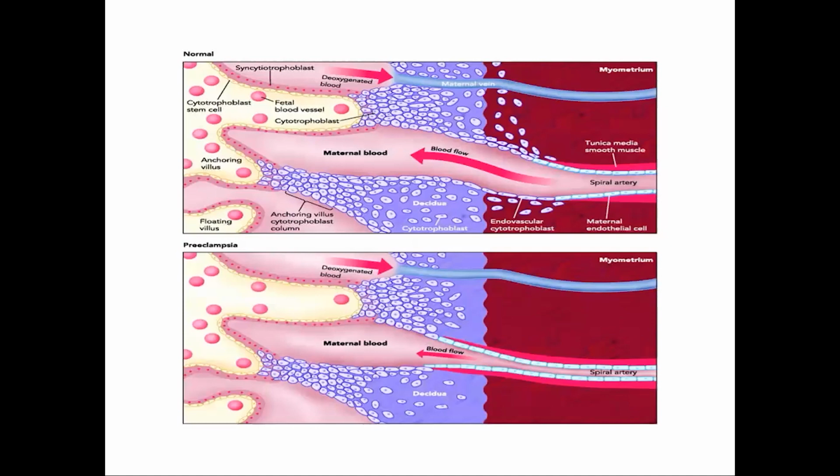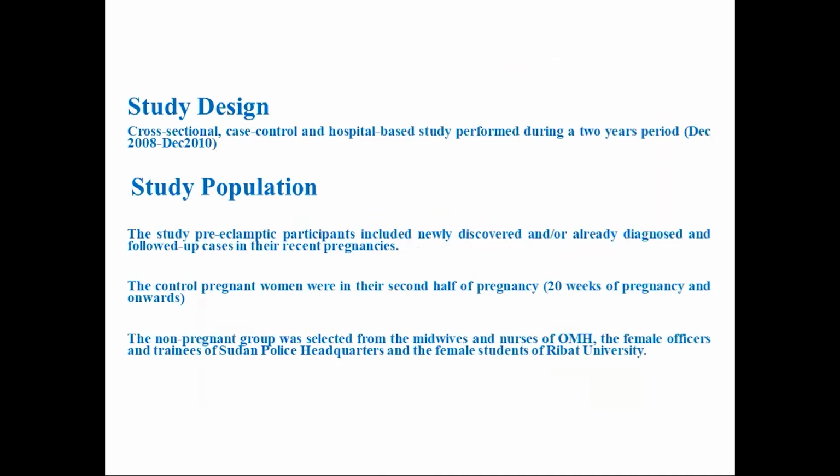This is another demonstration. The methodology which we followed in our research: the study design was a cross-sectional case control and hospital-based study performed during a 2-year period. The study population was the pre-eclamptic participants, included the newly discovered and or already diagnosed and followed up cases in their recent pregnancies.